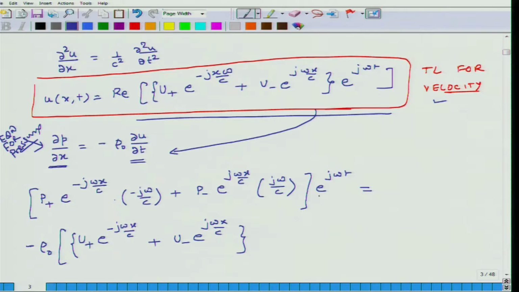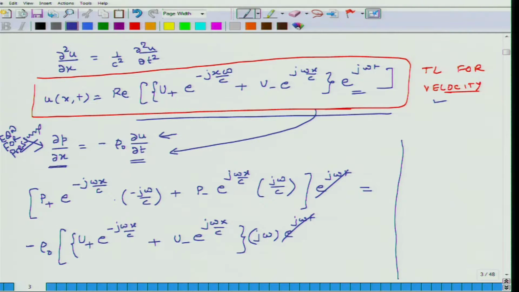Now I am going to differentiate e to the j omega t with respect to t, which gives j omega e to the j omega t. So e to the j omega t cancels out, and whatever we have left of this equation, because Newton's law is valid for all values of time and it is also valid for all values of x, it is a universal law, so it does not matter which position we are at.